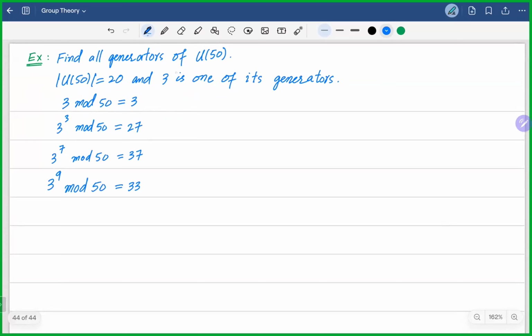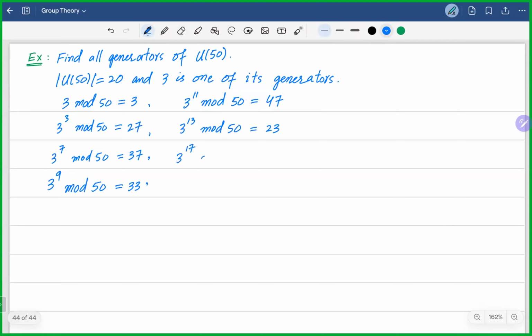Now we move here, 3 to the power 11 mod 50 is 47. 3 to the power 13 mod 50 is 23.